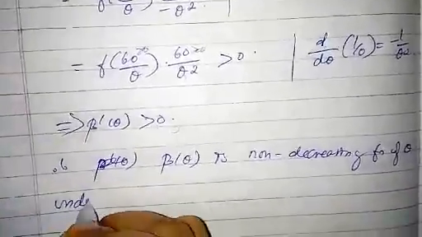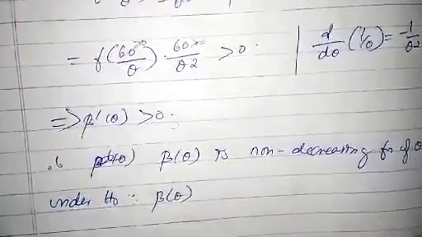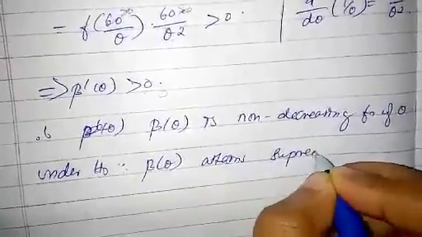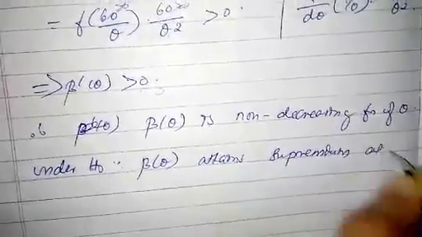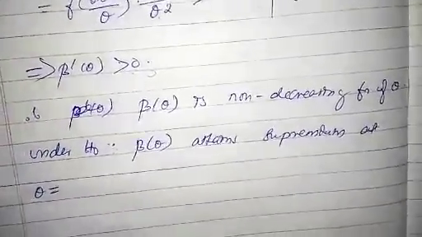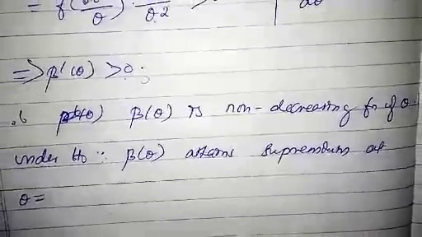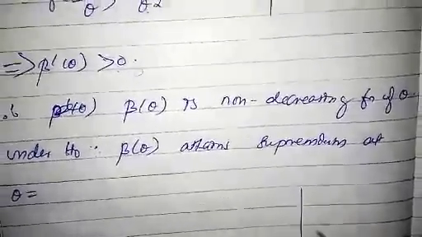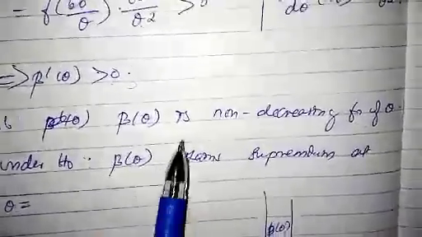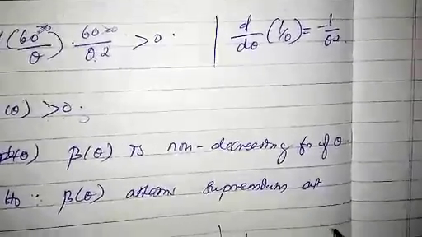Then under H naught, beta of theta attains supremum at theta equal to which value? Like in the graph of beta of theta, we know that beta of theta is a non-decreasing function of theta, which means it is an increasing function, right?